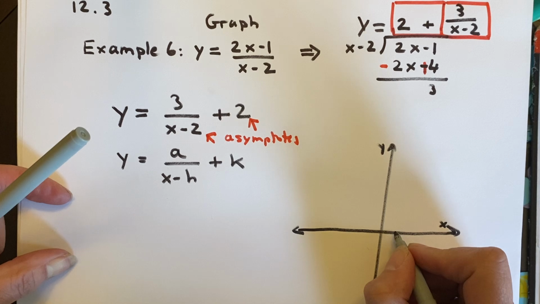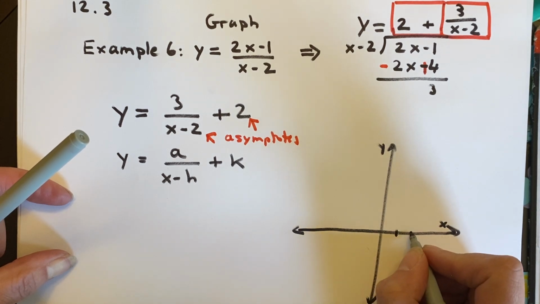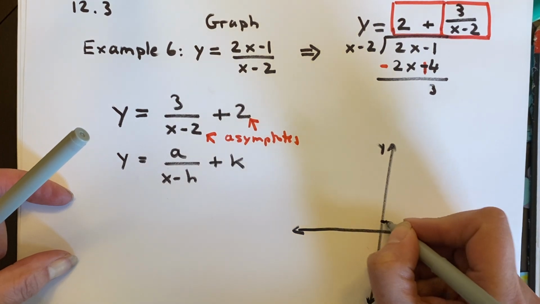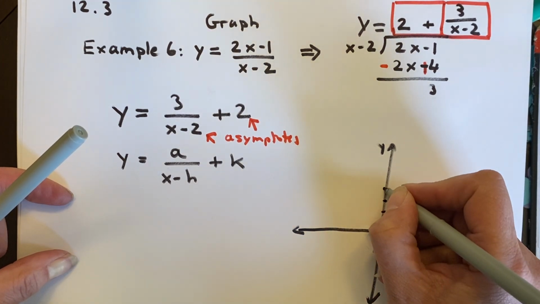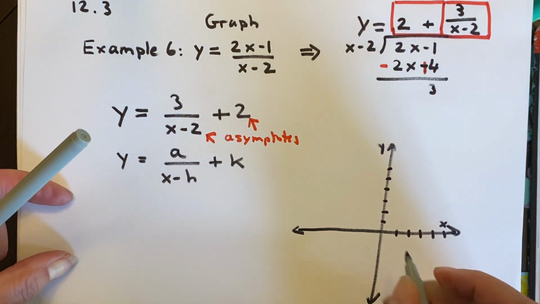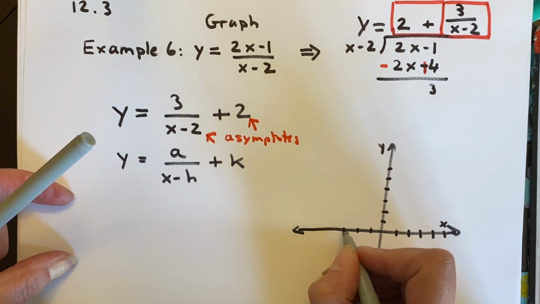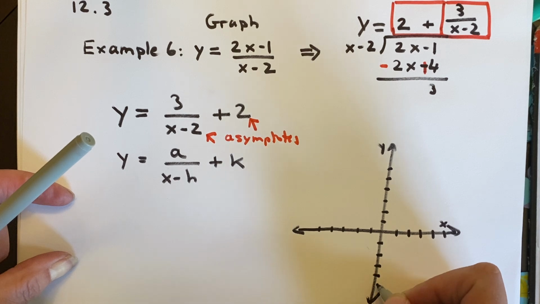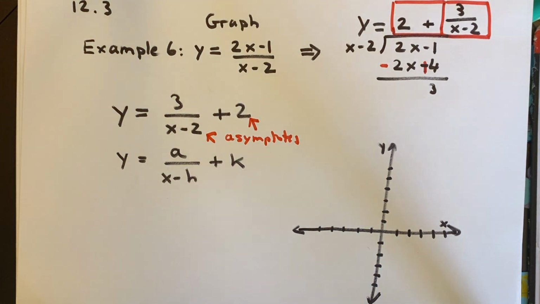And I'm going to have x equals 1, 2, 3, 4, 5, 1, 2, 3, 4, 5, 6, 1, 2, 3, 4, 5, 1, 2, 3, 4, 5. And so I'm going to do my graph.